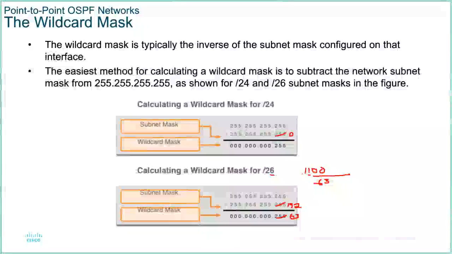And this is an example. Now, unfortunately, the original slides had a bit of a typo. So here you'll notice, okay, so here's our quad 255 with our /24, 255.255.255.0, and we end up with the new wildcard mask following that.